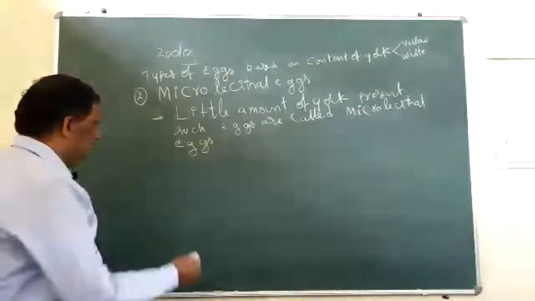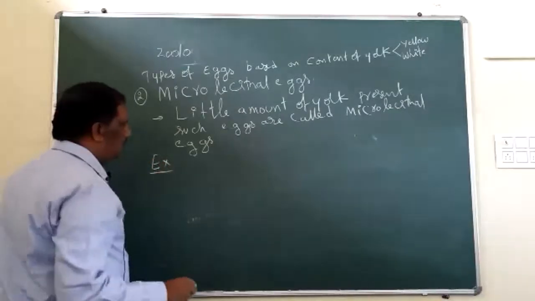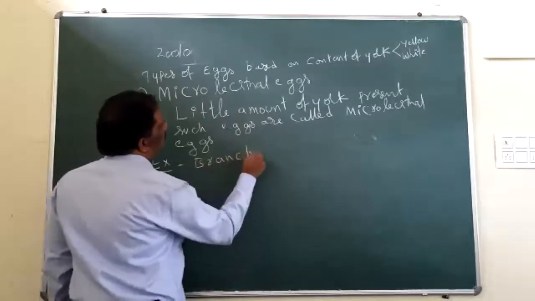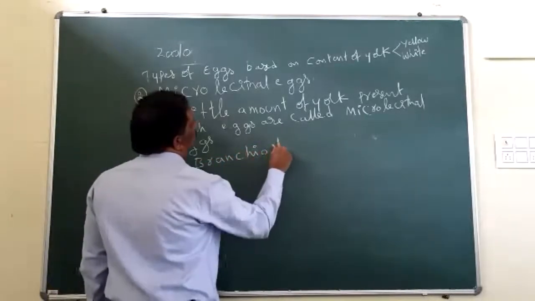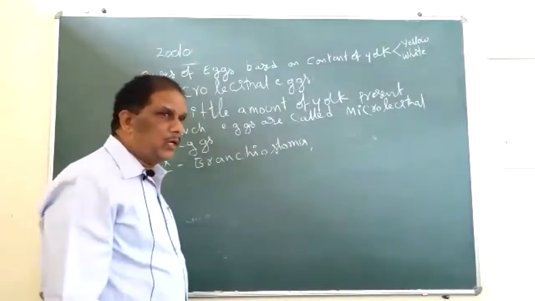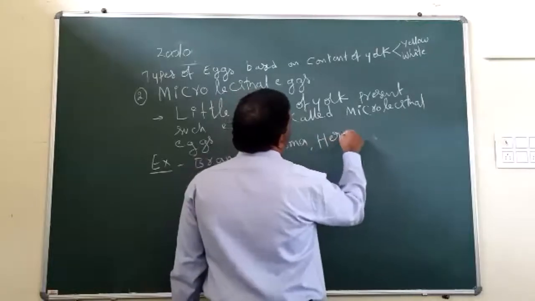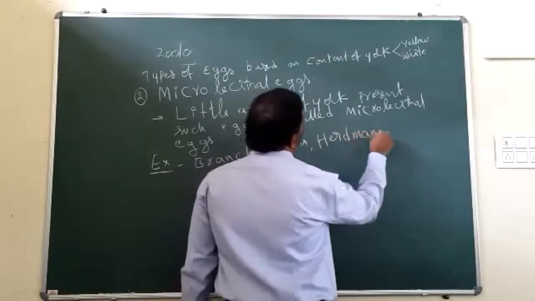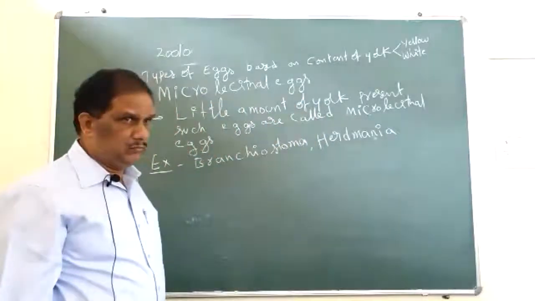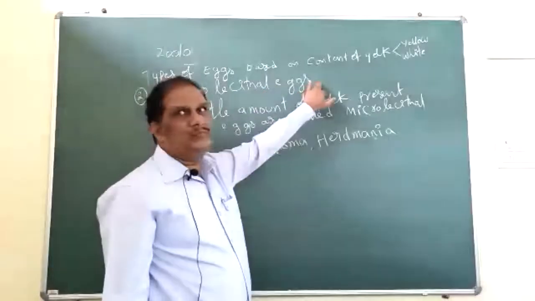Microlecithal eggs. Examples: one is Branchiostoma, and the second one is Herdmania. These are the two examples under microlecithal eggs.